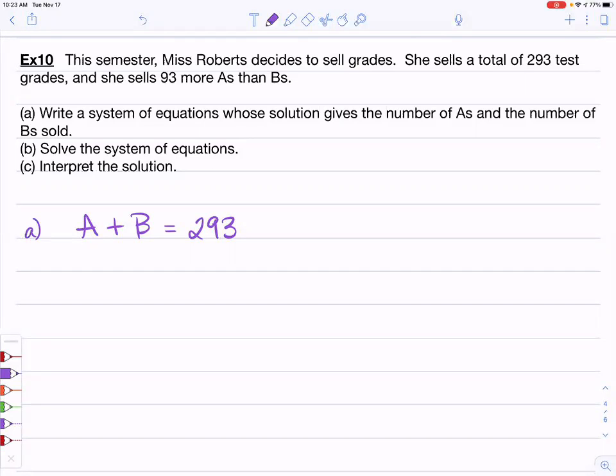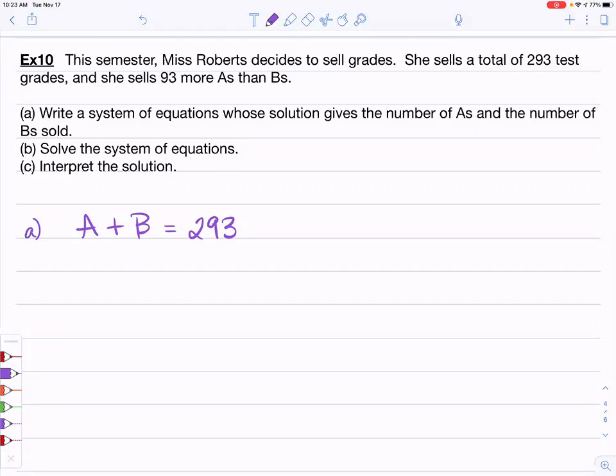When you get stuck like this, use numbers that make sense. So let's change the problem for a minute. Let's say she sold 2 more A's than B's. Let's make it easier. Let's say she sold 1 more A than B's. How could I write that?